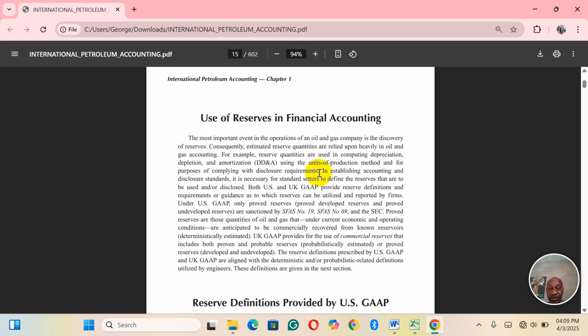Both US and UK GAAP provide reserve definitions and requirements or guidance as to which reserves can be utilized and reported by firms.